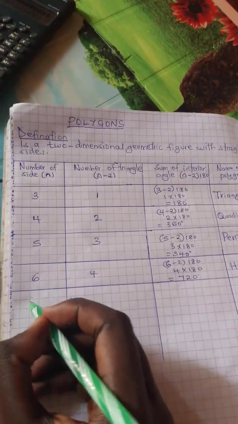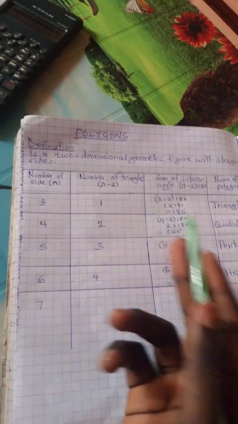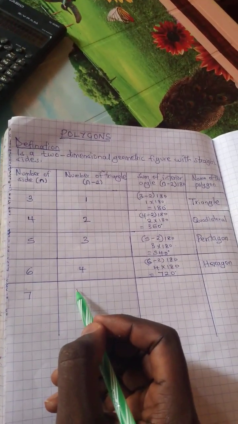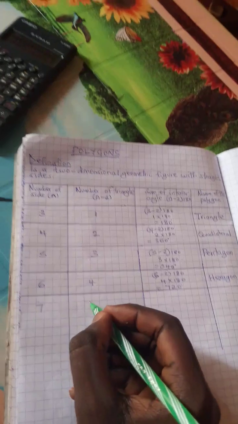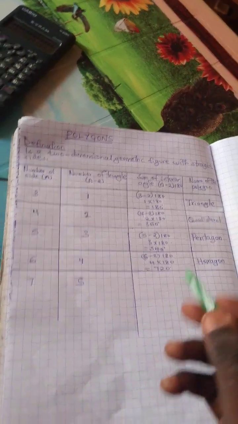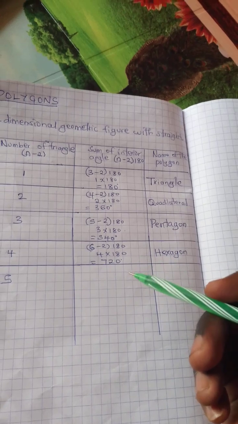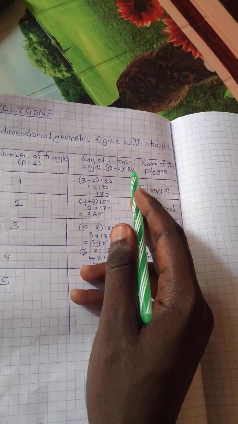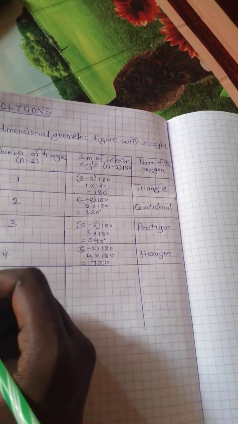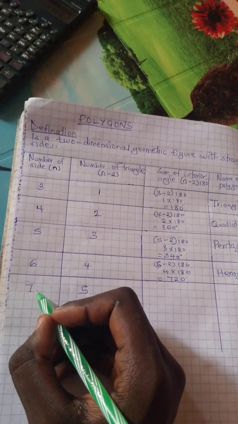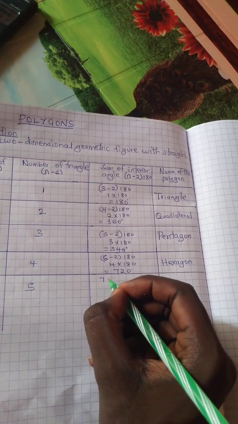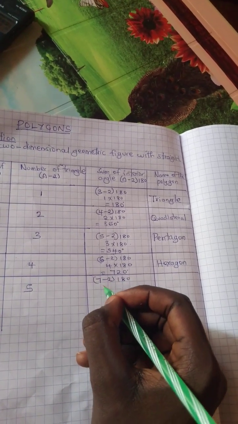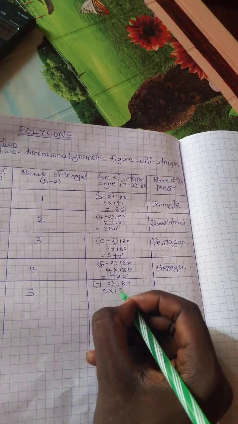Guys, let's go to the seven-sided figure. How do we get the number of triangles? It's n minus 2. Our n here is 7. 7 minus 2 will be 5. So we write 5 here. Then how do we get the sum of the interior angles? It's (n minus 2) times 180. Our n here is 7, so it will be 7 minus 2 times 180. 7 minus 2 will be 5. 5 times 180.